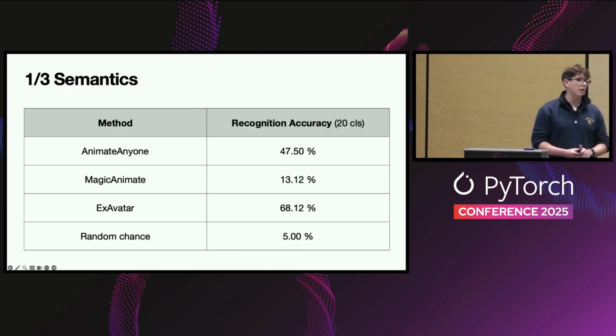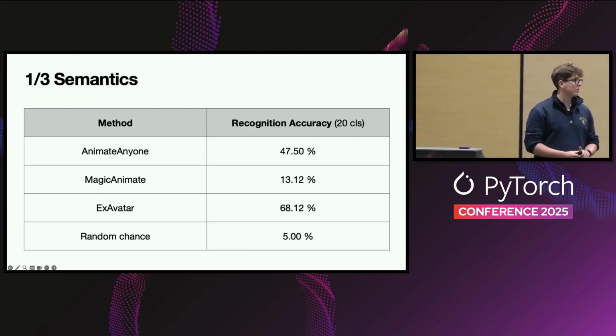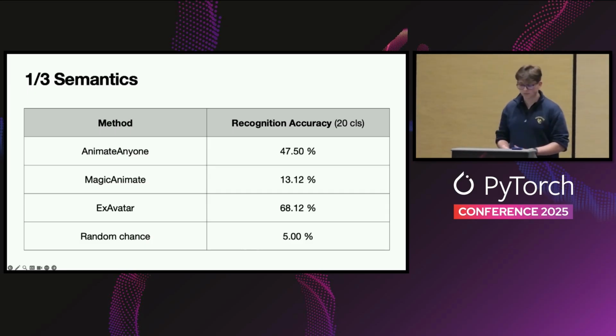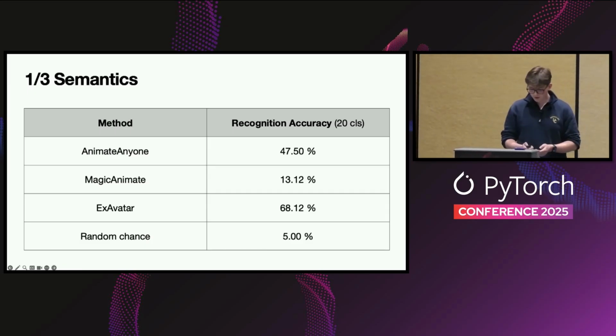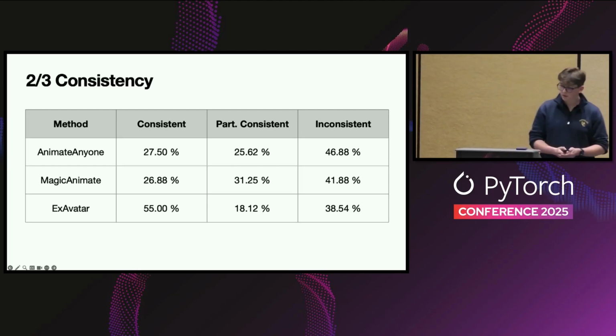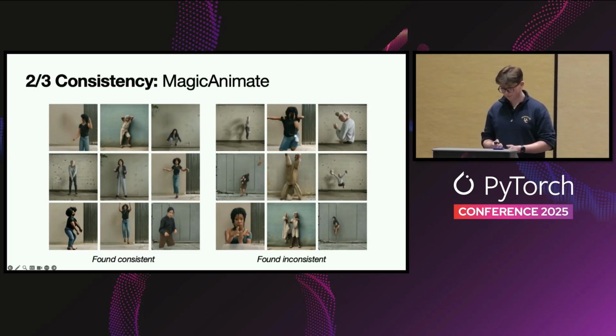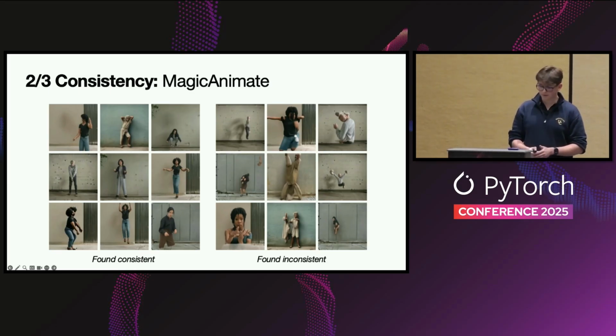So here, from the participant study, we found that XAvatar has the best semantic results, also best consistency results. And here are a few examples.